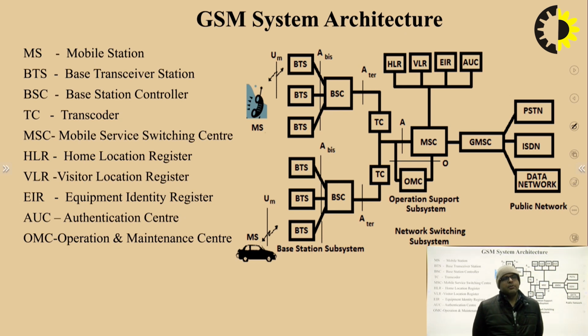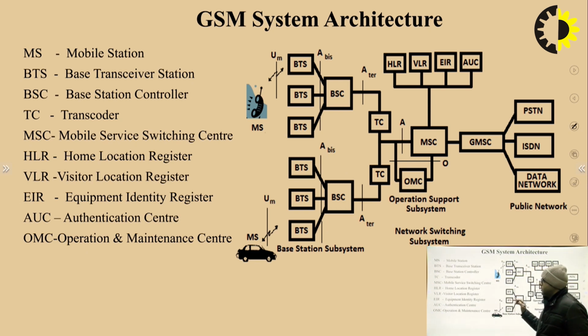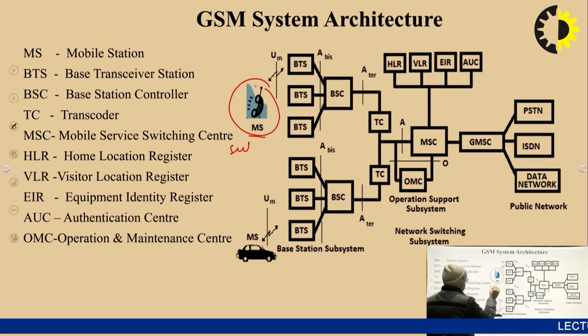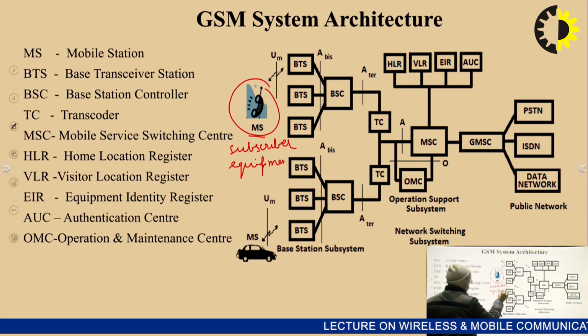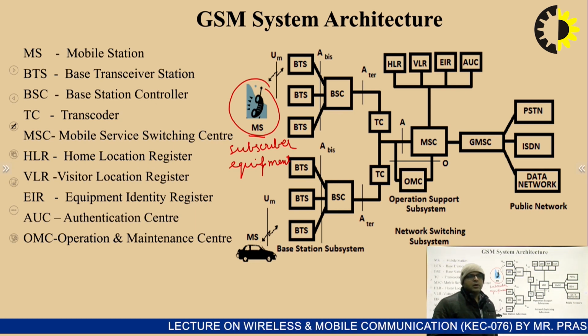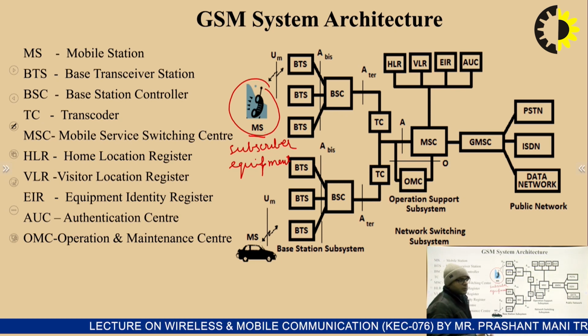Now we will talk about the GSM system architecture. In this figure, the GSM system architecture is shown. The MS stands for mobile station, and this is also known as subscriber equipment. This is the device through which the subscriber accesses the GSM architecture or GSM services.